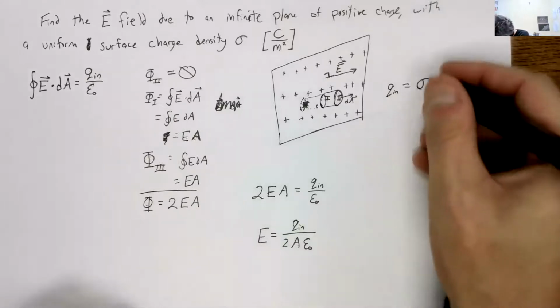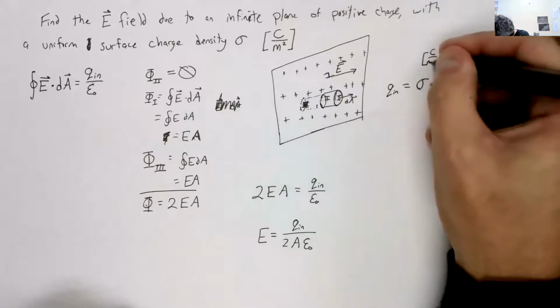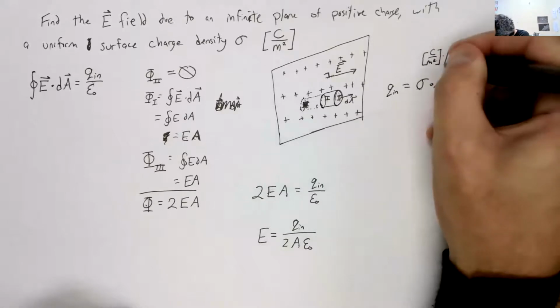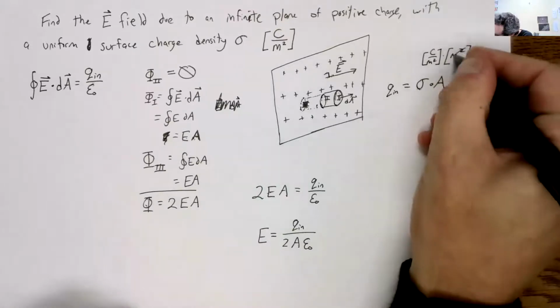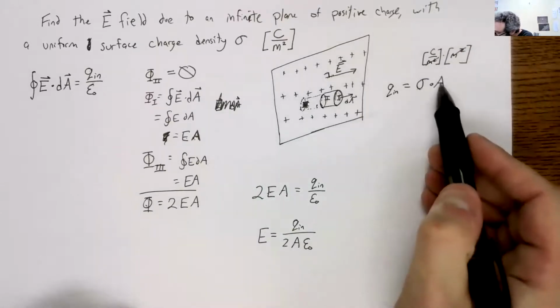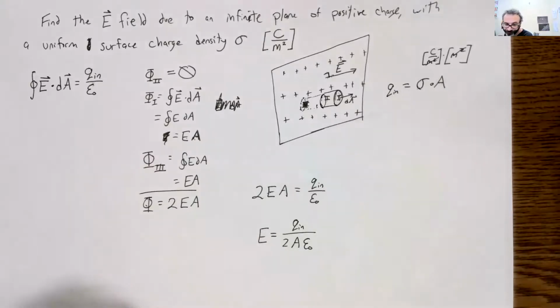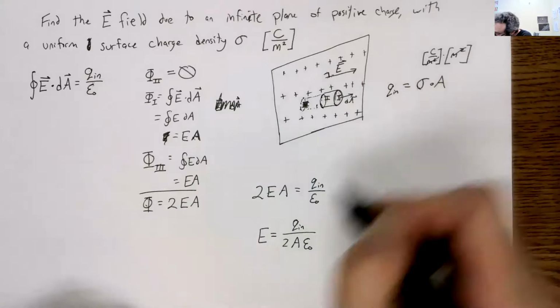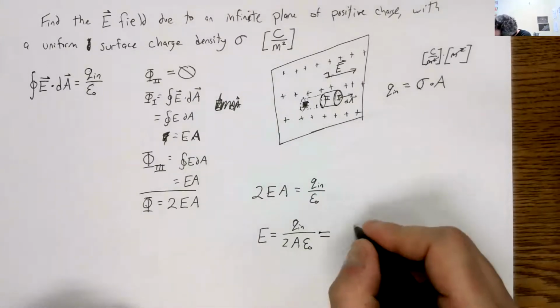If you look at the units, this turns out to be charge, because the units of charge density are coulombs per square meter, and the units of area are square meters. So the units of sigma times A is just coulombs, which is units of charge. So let me replace my Q inside down here with just sigma times A.